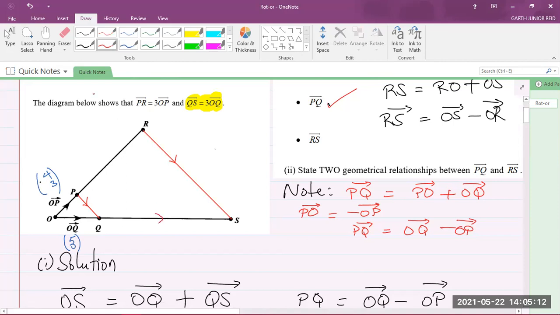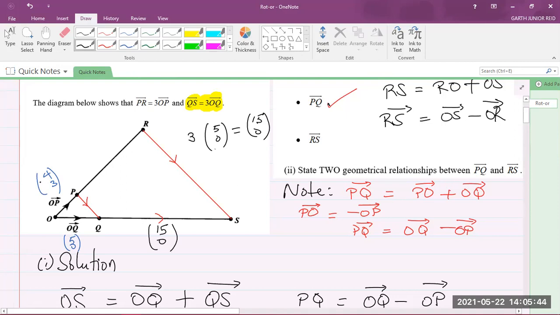If you remember from the question, it told us that the vector QS is 3 multiplied by the vector OQ, which we know is (5, 0). If I multiply the 3 by each element inside the brackets, I will get (15, 0). So I can come down here in the diagram now and write the vector QS as (15, 0).